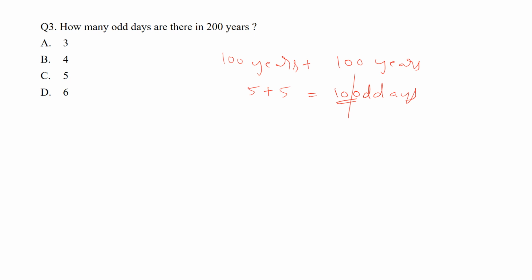Since number of odd days must be less than 7, I am dividing 10 by 7. Here you will get remainder as 3. So the number of odd days in a period of 200 years is 3.